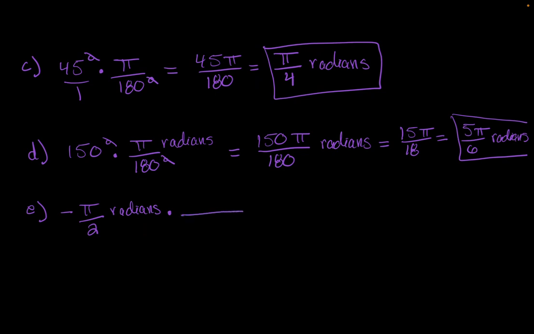So I'm going to multiply by something that has radians in the denominator. And so that would be 180 degrees over pi. So these radians will now cancel. The pi's are also going to cancel. So I'm left with negative 180 degrees over 2, which is just negative 90 degrees.